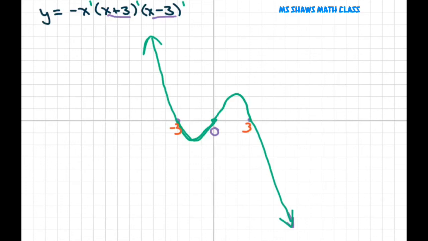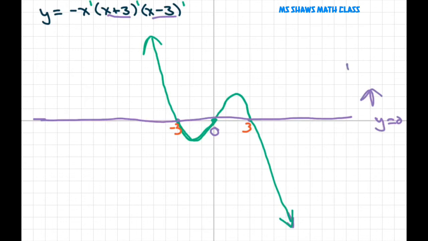Now the last thing we have to do is determine, if you look at this graph, this is your line y equals 0. So above this is y is greater than 0, and below this is y is less than 0. So what we want to know is where is f of x positive.